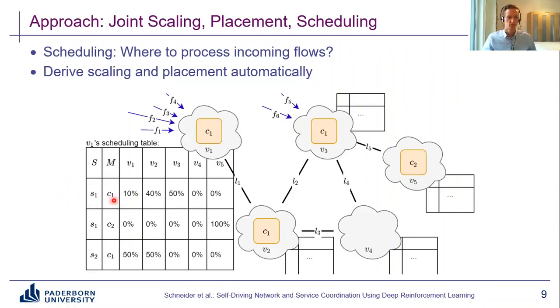For example, here for C1, we can see that flows may arrive at node V1, at node V2, and at node V3, but at least based on this table, they may not arrive at V4 and V5, and so we can place instances of C1 here at V1, V2, and V3, but we don't necessarily need them at V4 and V5. Yeah, so now we know how to do our scaling, placement, and scheduling when we have these scheduling tables.